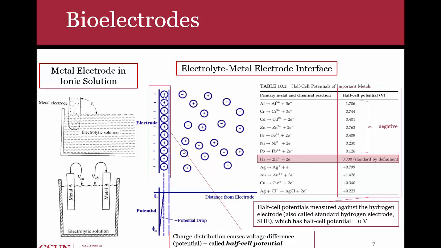So you're going to create this effective charge separation across the interface of the metal and the electrolyte solution. The buildup of charges, and this is not to scale, is going to go here, and as you can see, because you have a charge separation, you're going to have some voltage difference across that interface.